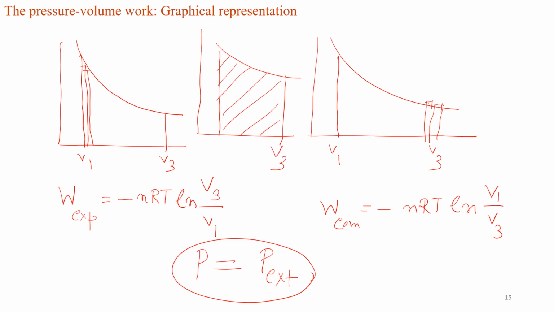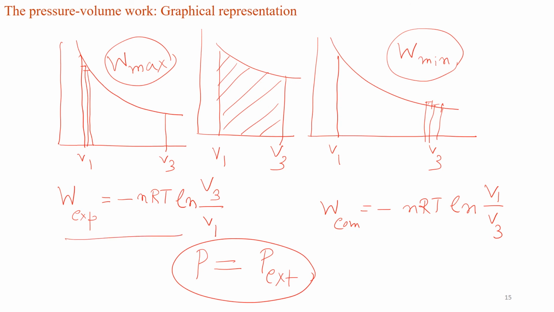So we see that we can get the maximum work for expansion by the system or the minimum work for compression by the surrounding on the system, and these two magnitudes nicely cancel each other.